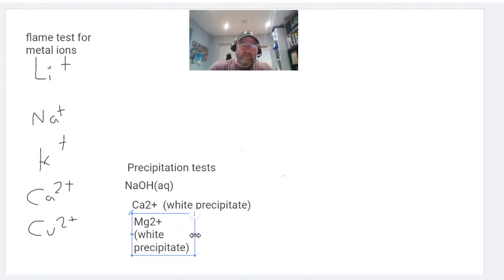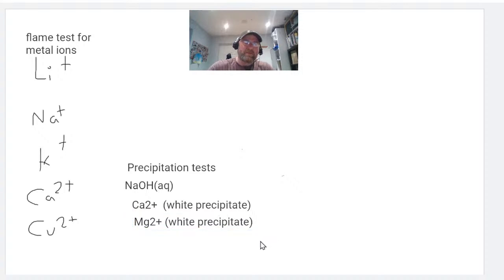What's the point in that? Because they're going to be sneaky and say, okay, calcium or whatever, your solution X and solution Y both give a white precipitate with sodium hydroxide. How can we tell the difference? We carry out a flame test. If we get an orange color, it's calcium. So you can use the flame tests and the precipitate tests to distinguish.